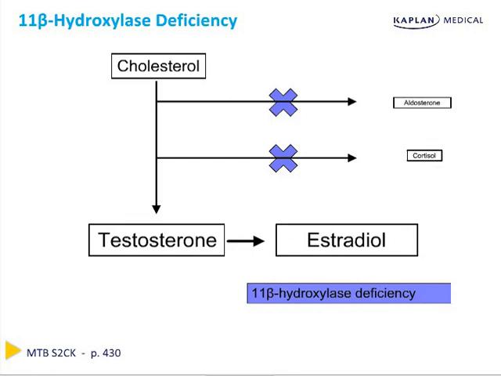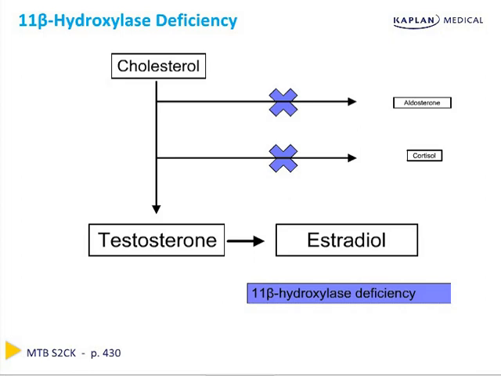And the same thing that occurs in the other syndromes is that without the cortisol, you have a loss of feedback inhibition of ACTH, and you have constant ACTH stimulation of the adrenal glands, leading to increased constant steroid production.